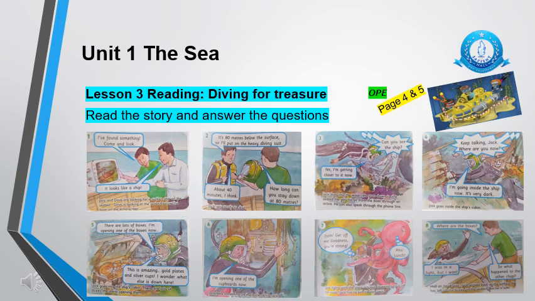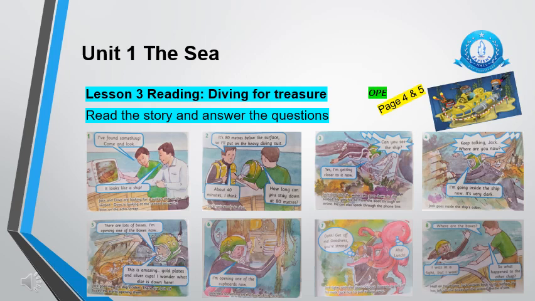Now the writer has actually given his ending in picture number 8 till the last picture. But what you have to do, we will read the story together, and then you have to write the ending by yourself, in whatsoever way you want to end the story, you are allowed to do that.